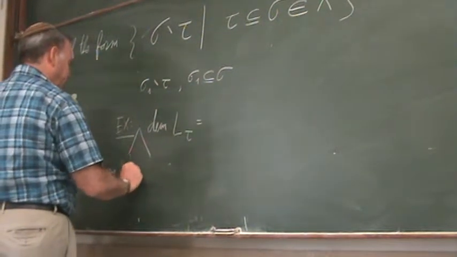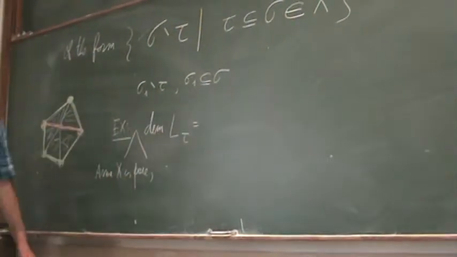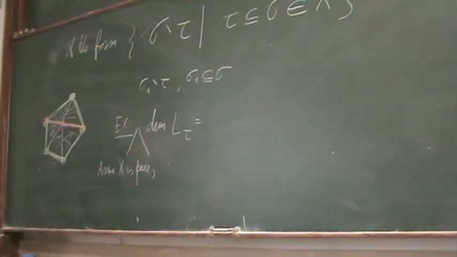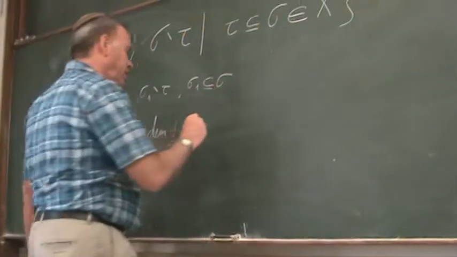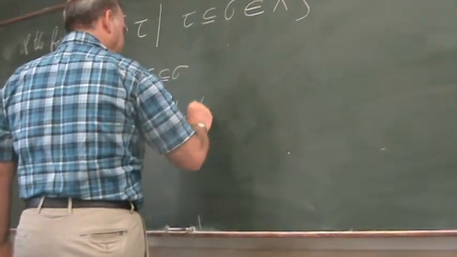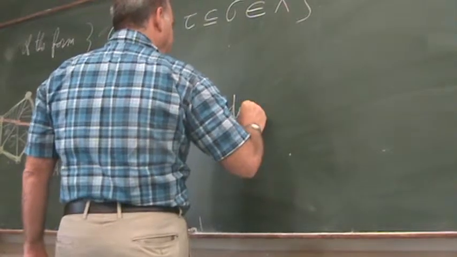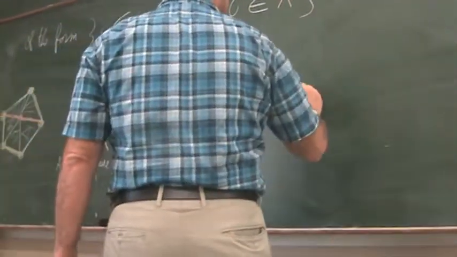Assume X is pure, namely that all the maximal faces are of the same dimension. That's what we are always interested in this course. Then the dimension of the link is equal to the dimension of X minus the dimension of tau minus 1, I believe.